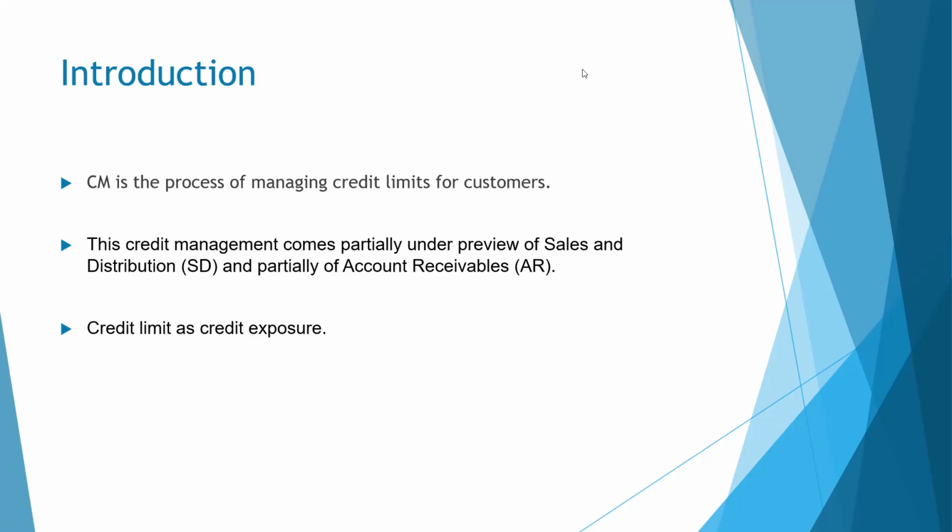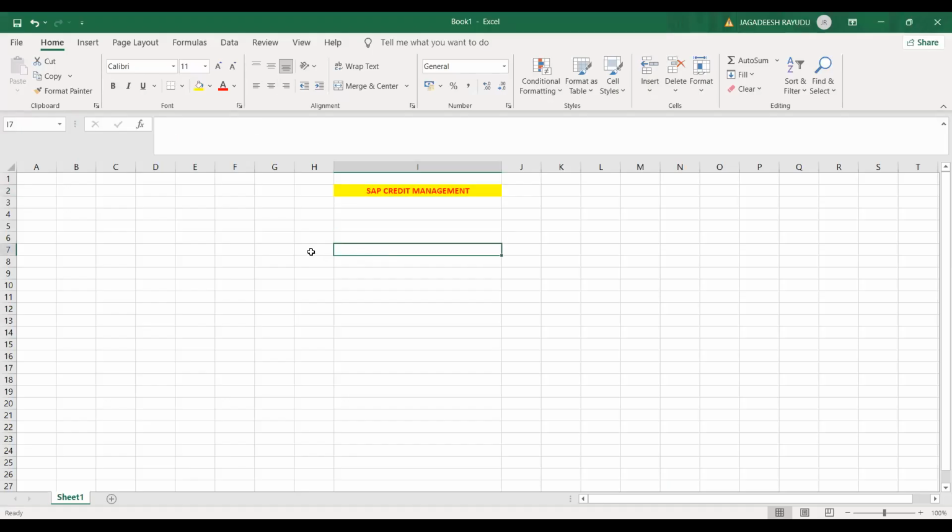Now let's go to the Excel. I'll try to illustrate with a simple example. You are selling chocolates of 100 brands.